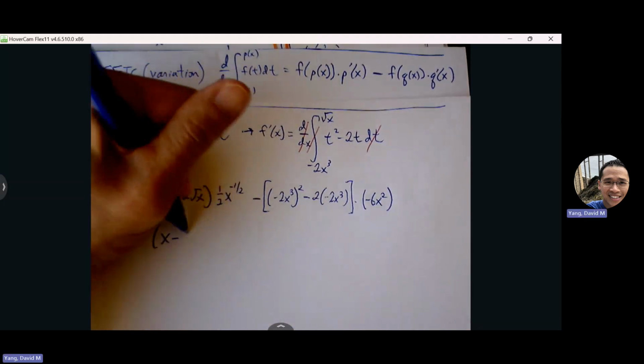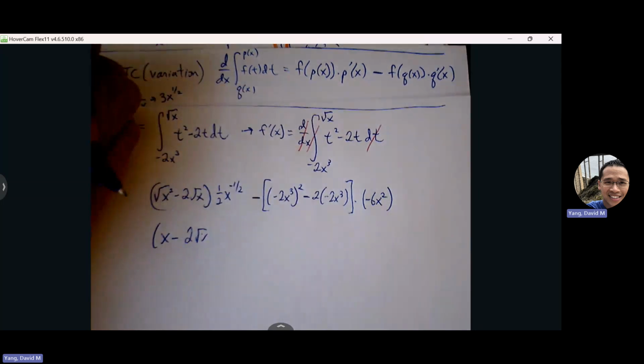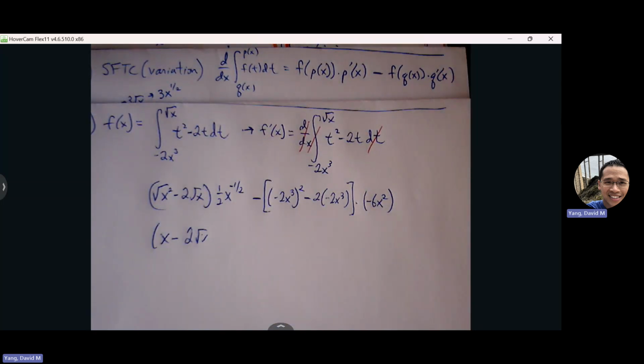Just going to do a little bit of cleanup, but how is it negative 6x squared? Negative 6. Oh, excuse me. Oh, square.